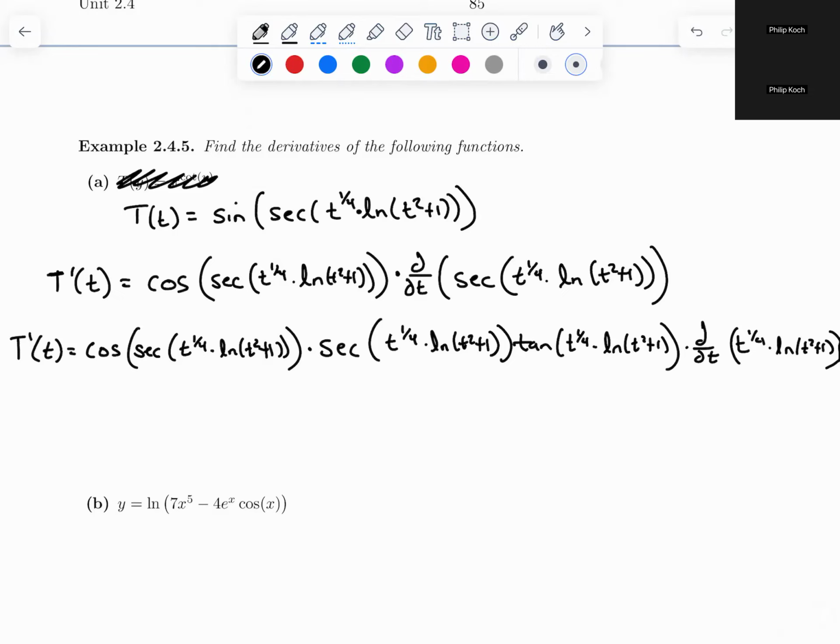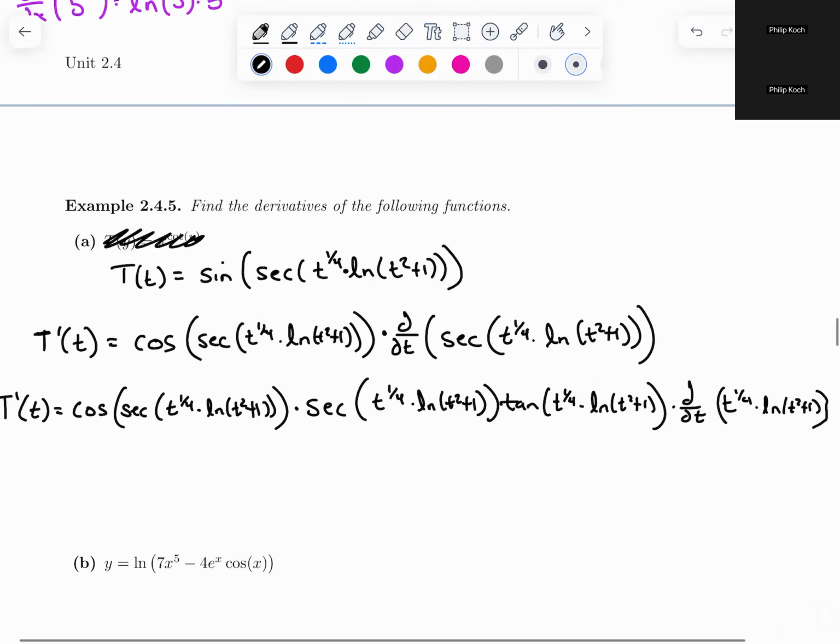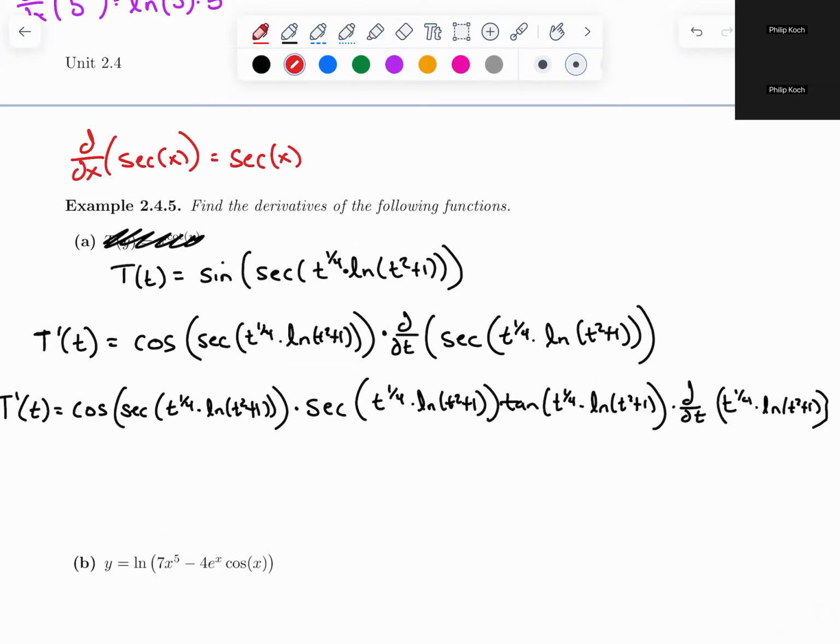So let's talk about that one, because that one's weird. The derivative of secant and the derivative of cosecant, they're very strange. They're very strange because the derivative of it, just as a moment, just writing up top, d/dx of secant of x is secant x tangent x.